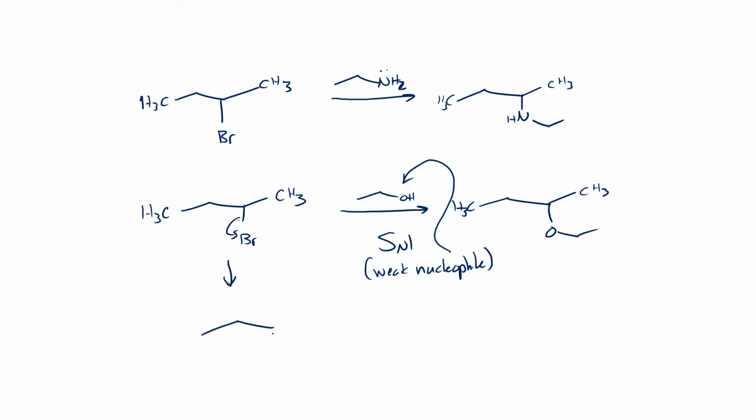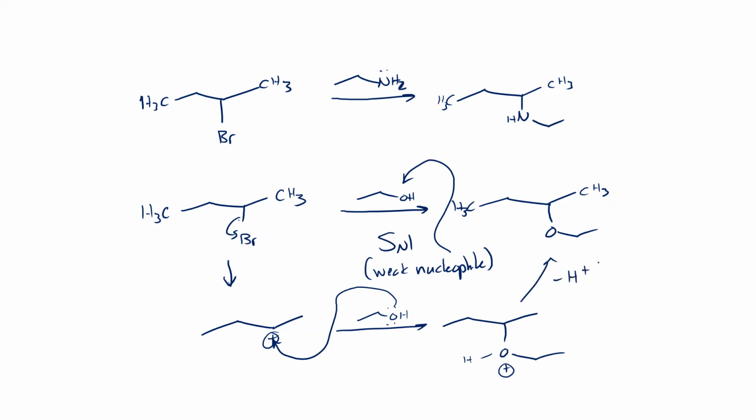Loss of the leaving group, carbocation. Then we have our nucleophile come in and attack that carbocation. The top one we would expect to go through an SN2 reaction because we have a strong nucleophile, a nitrogen that's not very electronegative, that will add in there and replace this bromine.